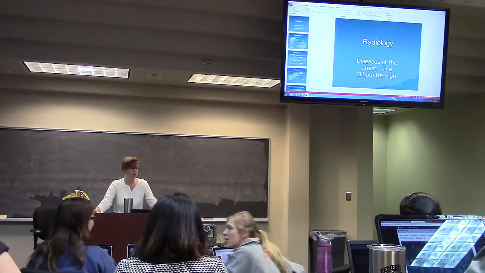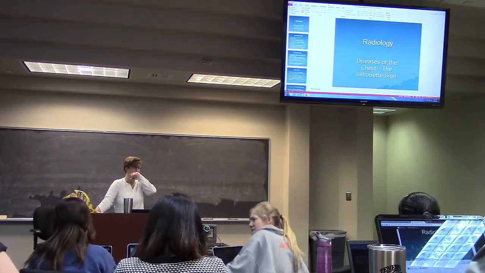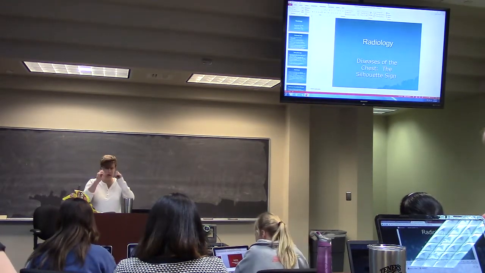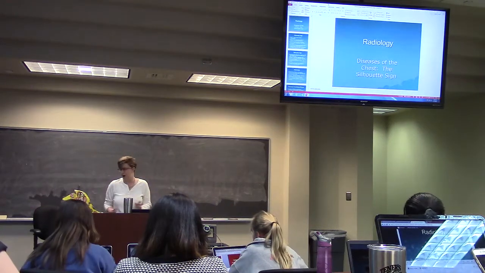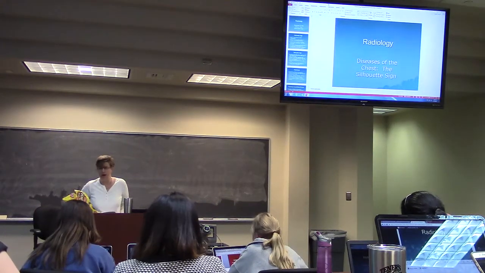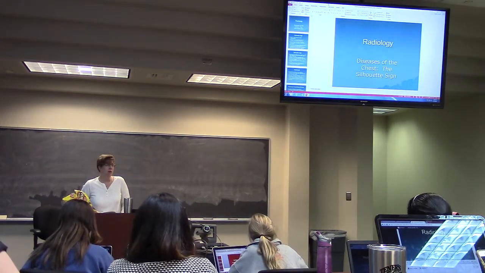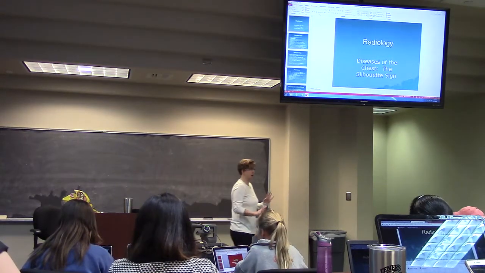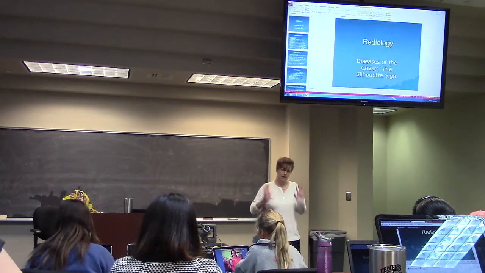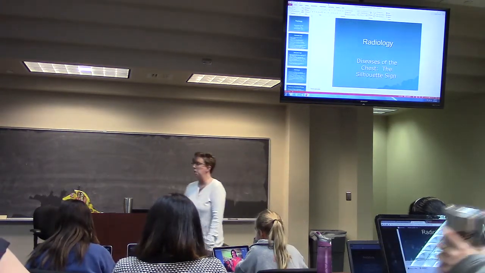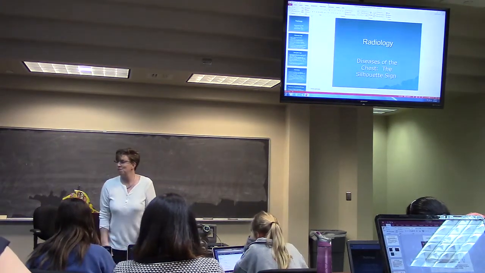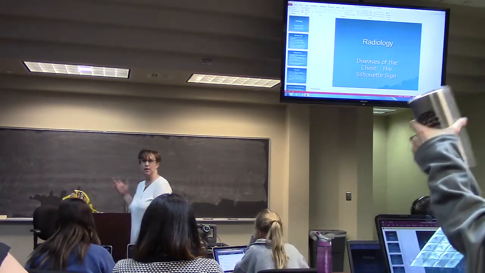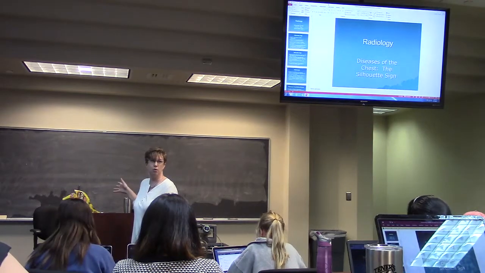So this is the silhouette sign, and it's the most important sign you're gonna learn for chest x-ray. It's how you find stuff. It doesn't make any sense. I don't know why they call it the silhouette sign, but it is. Most of you, when you think of a silhouette, it's an image of you by a shadow, right?